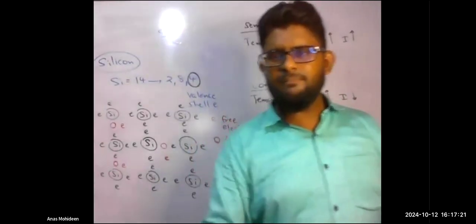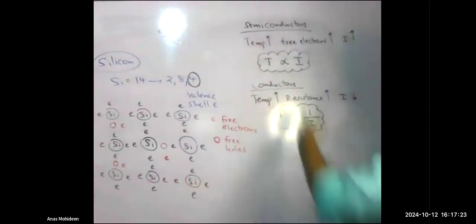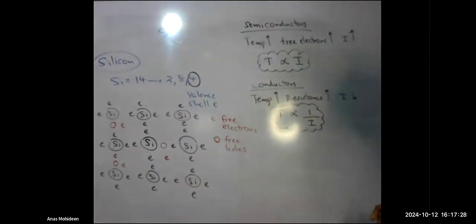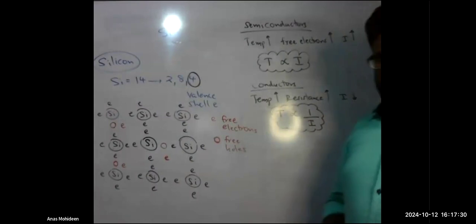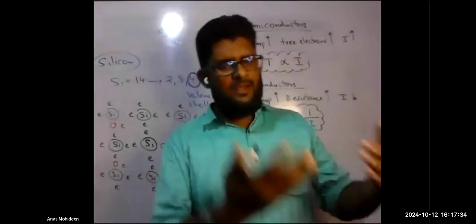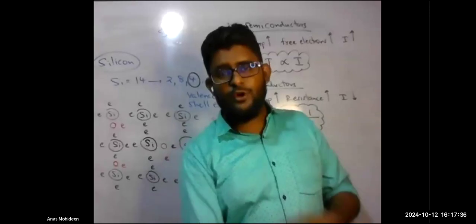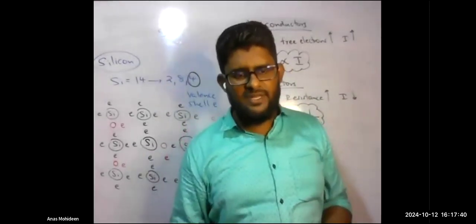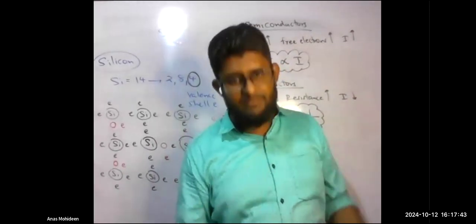So what if we decrease the temperature in a semiconductor? Opposite. If you increase the temperature, free electrons are increasing, right? When you decrease the temperature, free electrons will be decreasing. Because moreover, then the point is 0 Kelvin. 0 Kelvin is the absolute zero temperature, where the particles are not vibrating at all.